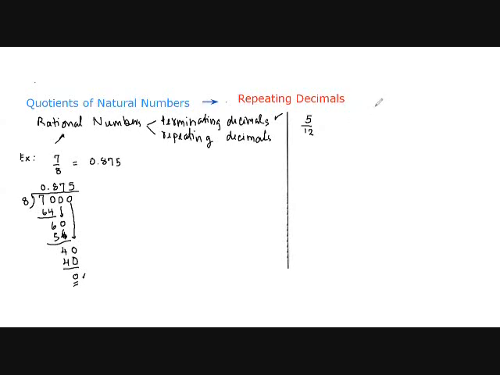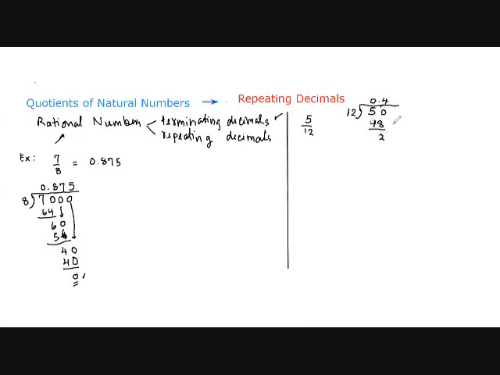So how do we do it? 5 divided by 12, we couldn't do it, so we write 0 and follow on with a 0. So you have 50. Next, 12 times 4 is 48. Subtract, we are left with 2.